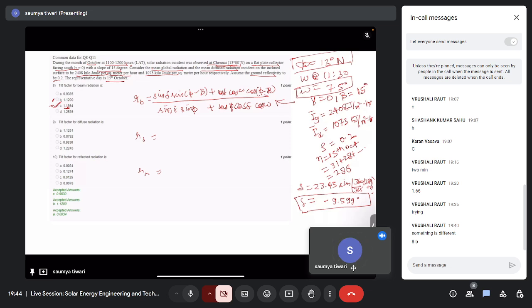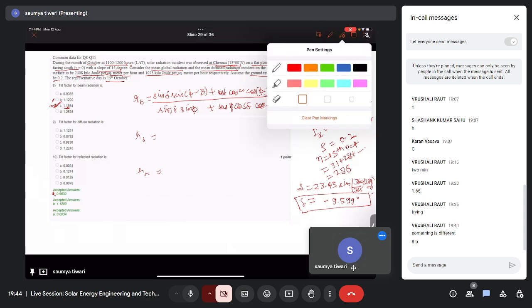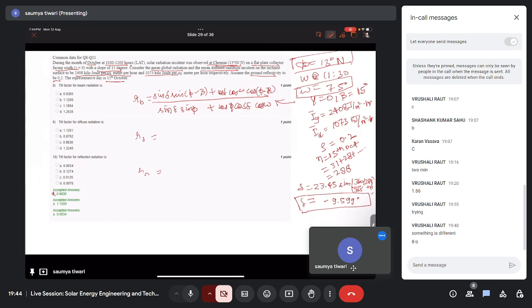The RB value you will get is 1.1854. So this will be option A. The correct value will be 0.9830, which is similar to 0.9385. Sometimes when we solve the question, the exact value may not match to the 4th decimal point, so you have to see what is the next similar answer, right?